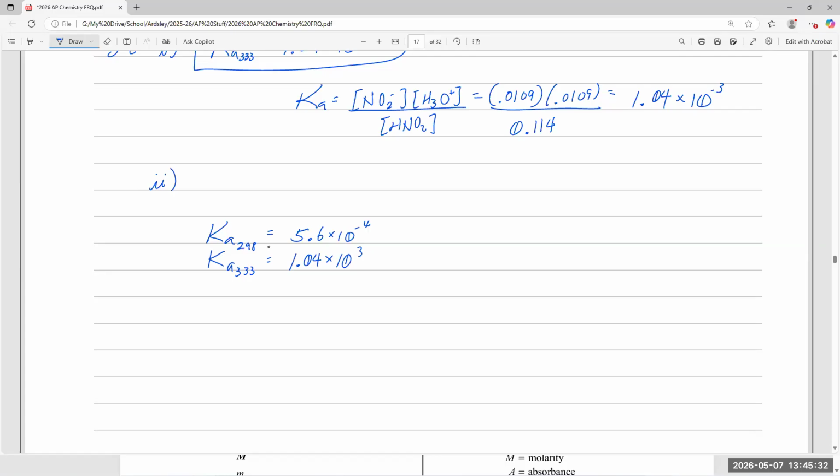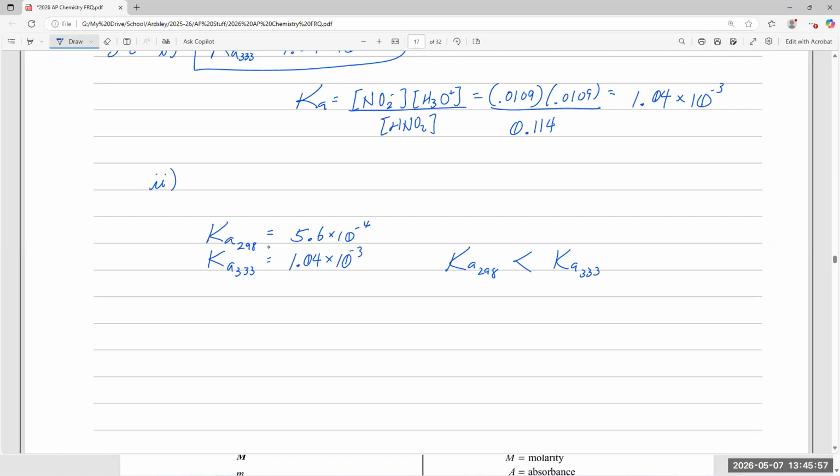Now you don't need to even look at the first parts, right? It's an order of magnitude of 10 to the minus 4 and 10 to the minus 3. So what do we know? We know that Ka at 333 is higher than Ka at 298. It's a larger number. So what does that tell you?